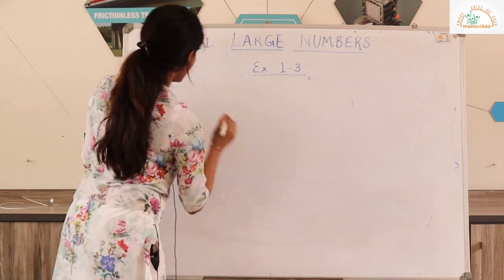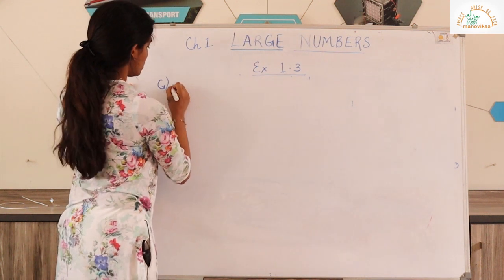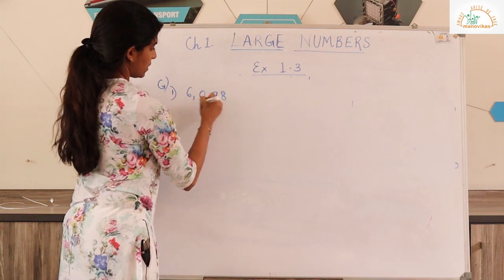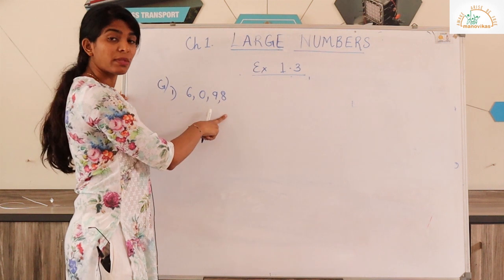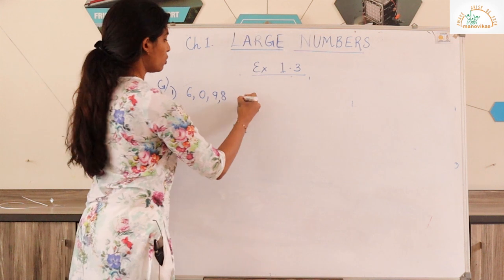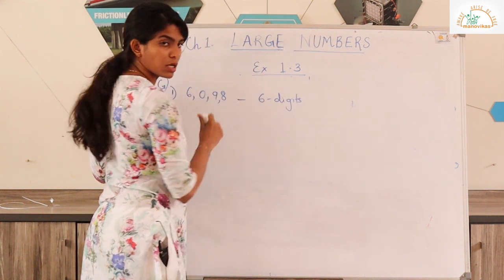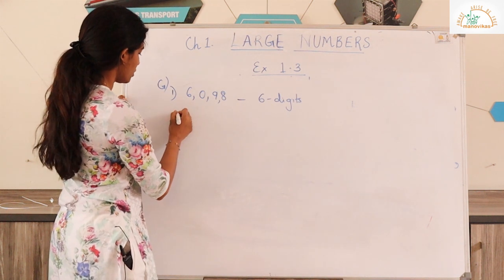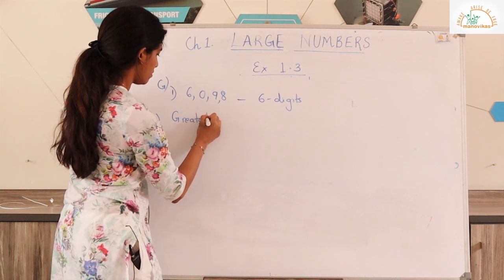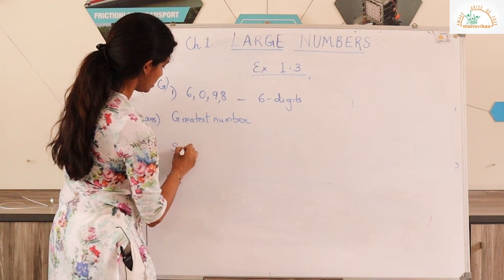Let's do G. Here they have given us 4 digits, but we have to make 6 digits. That means we have to repeat digits. Okay, we have to make a 6-digit number. First you write the greatest number, then the smallest number.